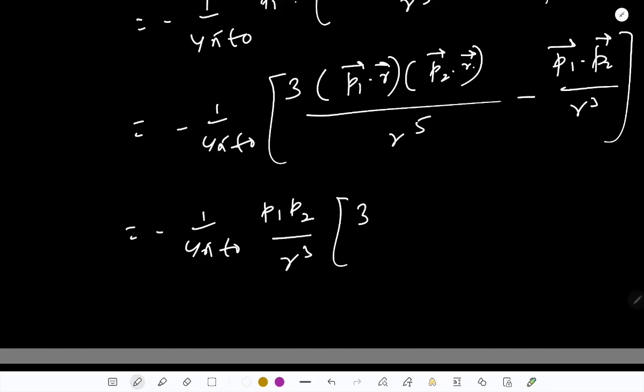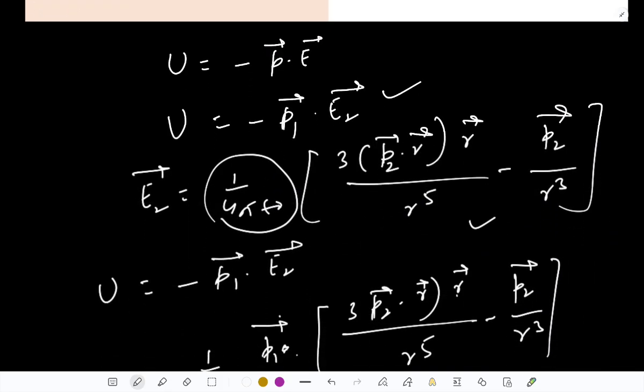If I take out P1 and P2, then I can simply write here 3 cos theta 1 multiplied by cos theta 2, and next P1 dot P2. And the angle between P1 and P2 is what?